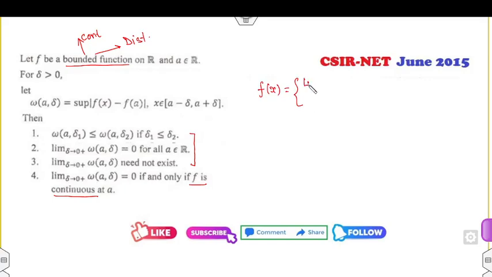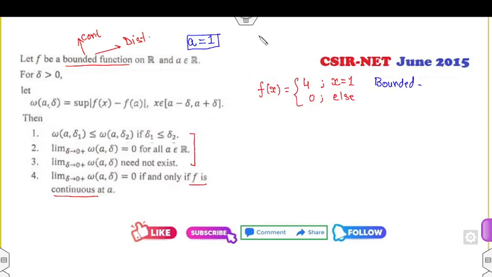So let's say f(x) is 4 when x is equal to 1, otherwise 0. Clearly this function is bounded. Fine. Then your target is to find the omega of a. I can choose a as 1.